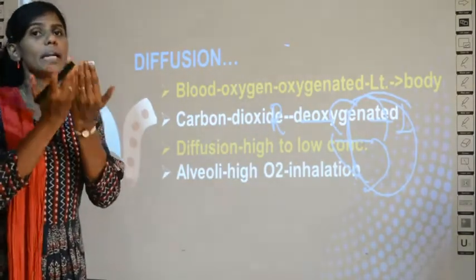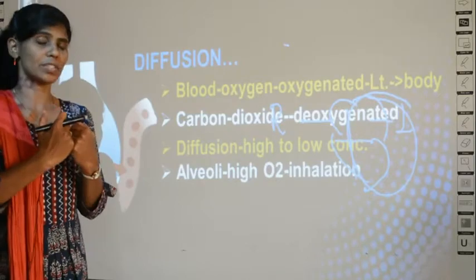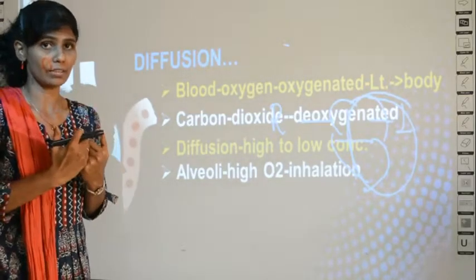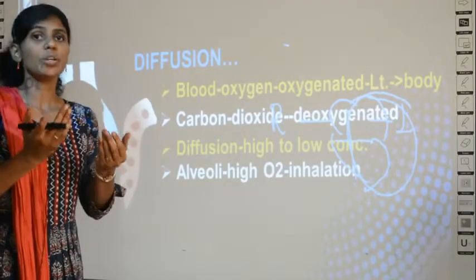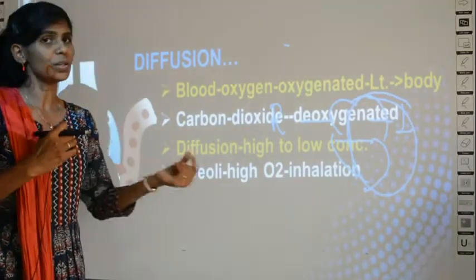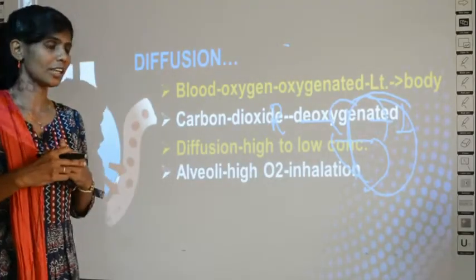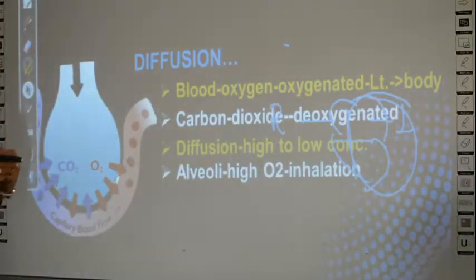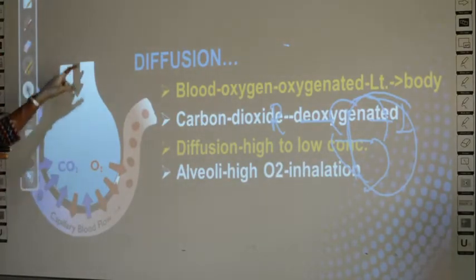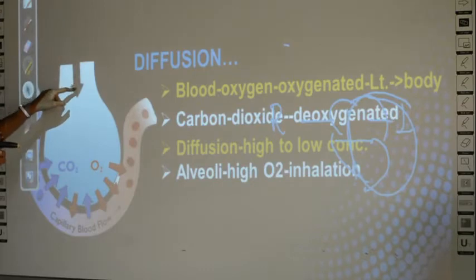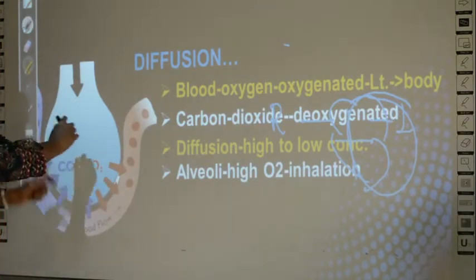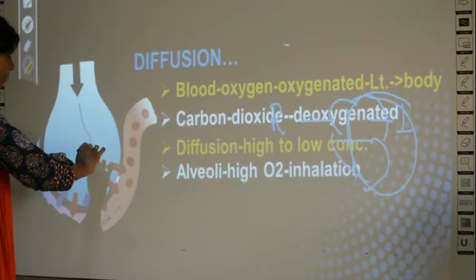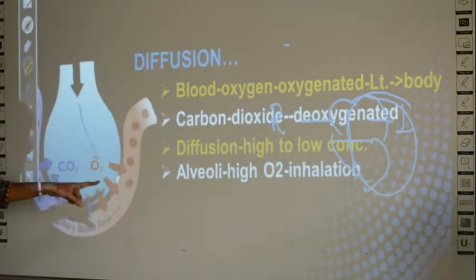See, when you breathe in, in a previous class we have studied inhalation is breathing in, right? So during the inhalation or breathing process, you take in air, that is you take in oxygen, no? So when you take in the air during inhalation, oxygen concentration is very high.